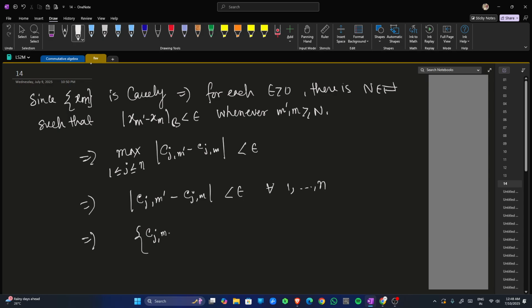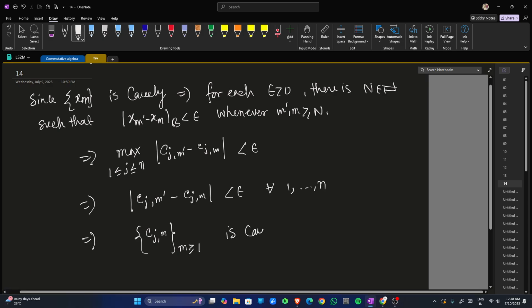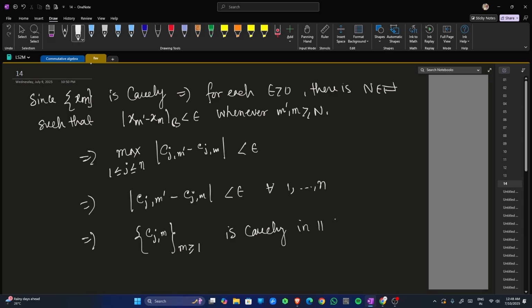So cjm, as m varies, is Cauchy in K for all j.